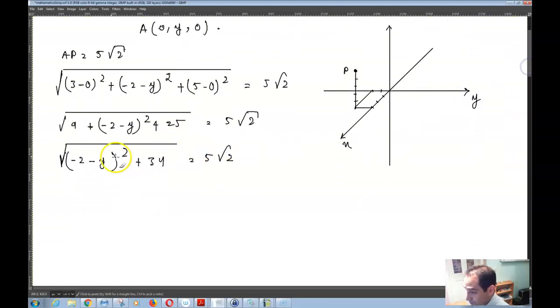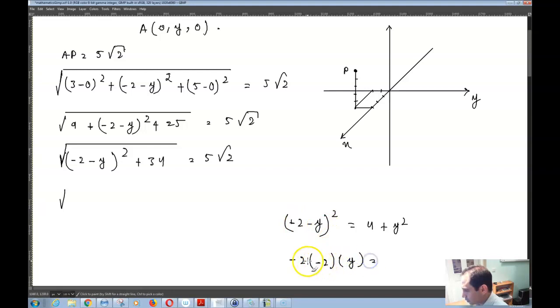And so if I expanded this, (negative 2 minus y) whole squared is equal to negative 2 squared, which is 4, plus y squared, plus negative 2 times negative 2 times y, that's positive 4y.